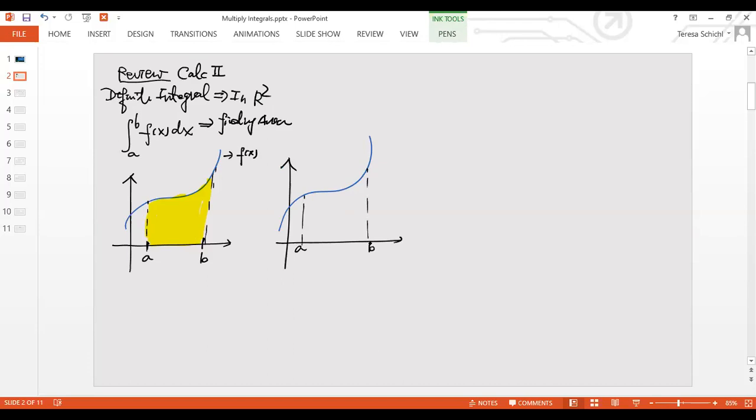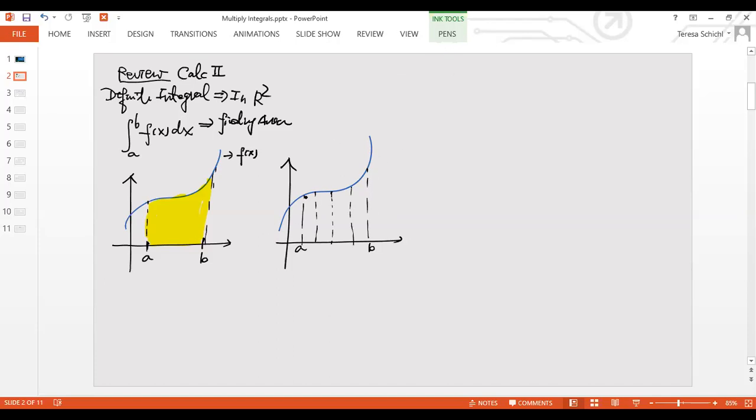In order to find the area, what we did was divide this interval into several sub-intervals. For example, I divided this interval into 4 sub-intervals, and for each sub-interval I can find a rectangle.